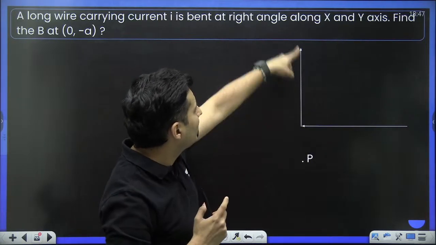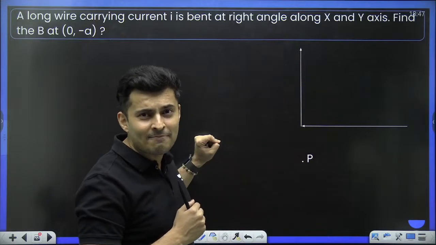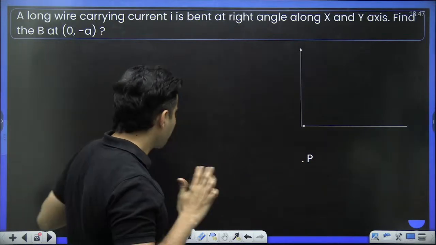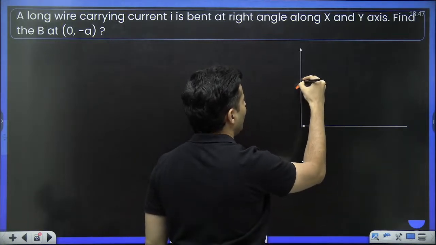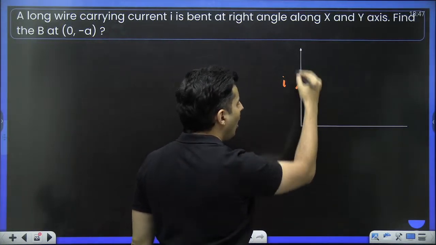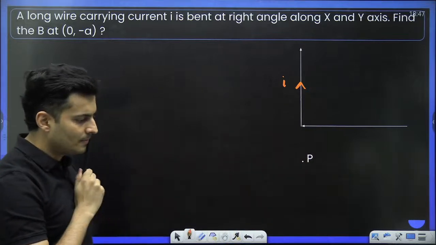Let's start with the y-axis wire. Now, you might be wondering, this y-axis wire is carrying some current. How much will be the contribution?